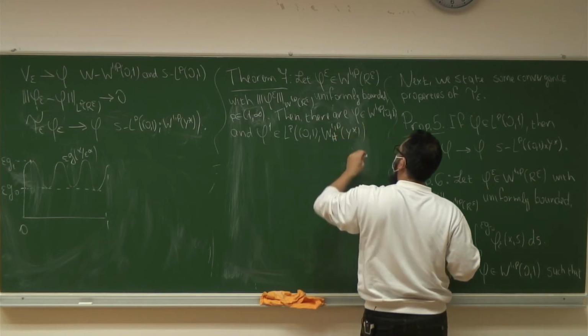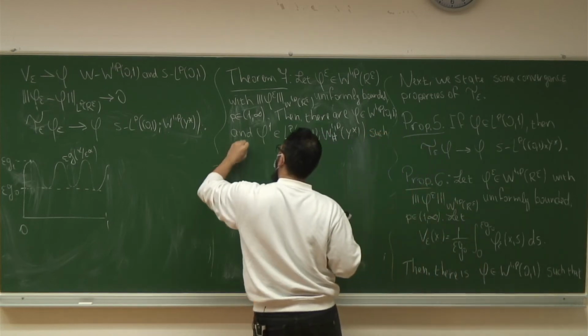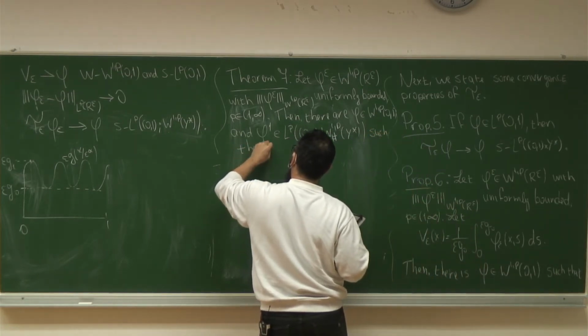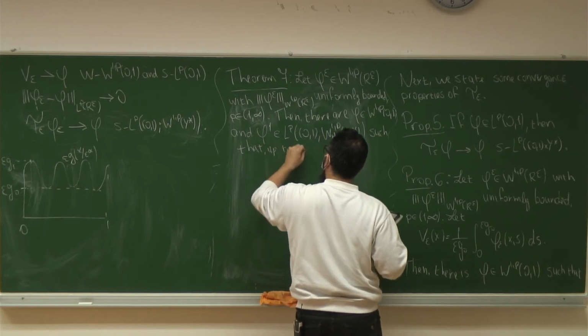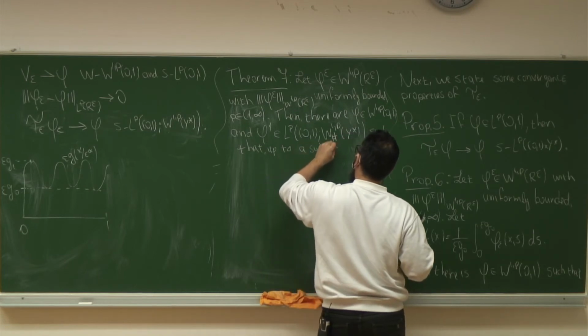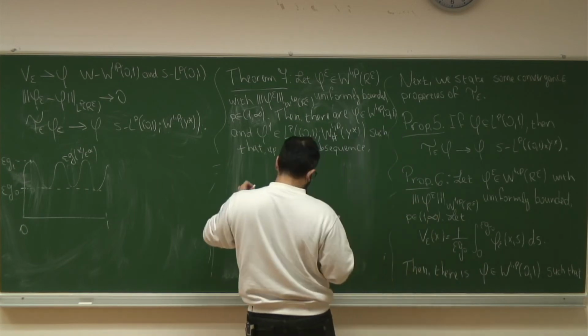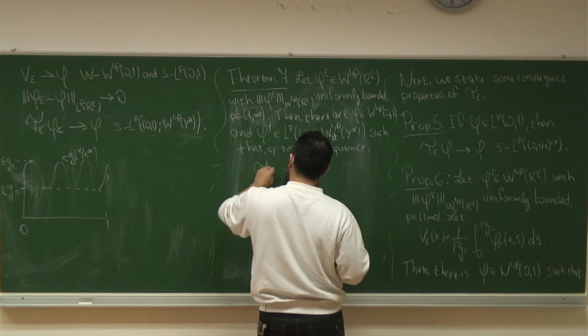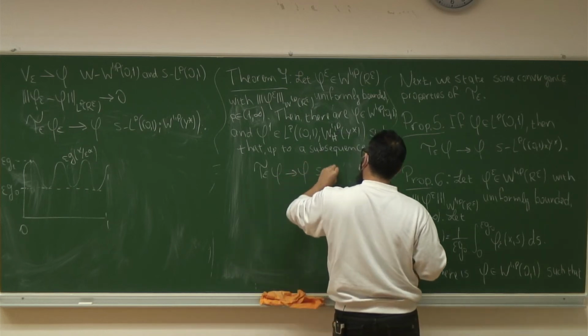in the Sobolev space, such that, up to a subsequence, we will have the unfolded sequence converging to phi strongly.